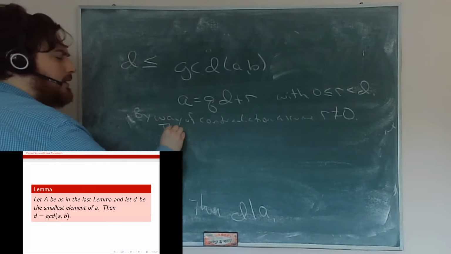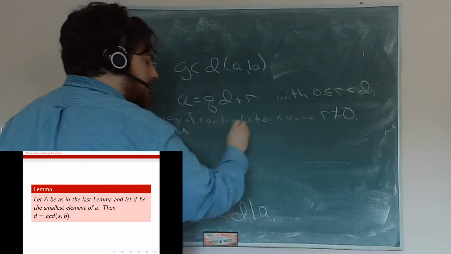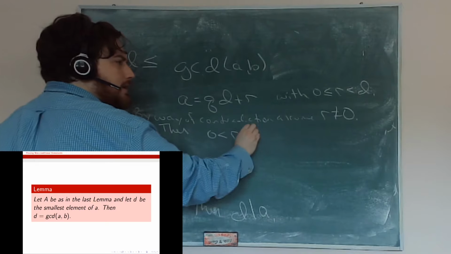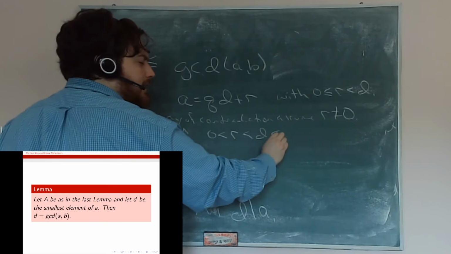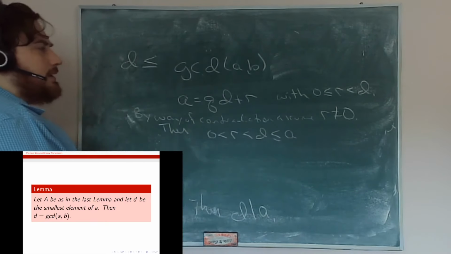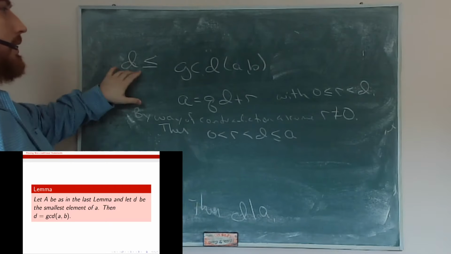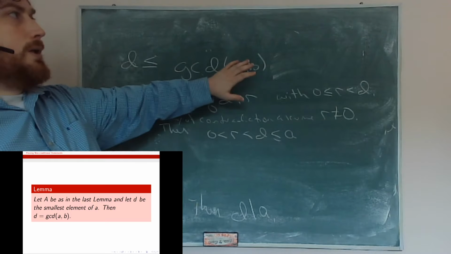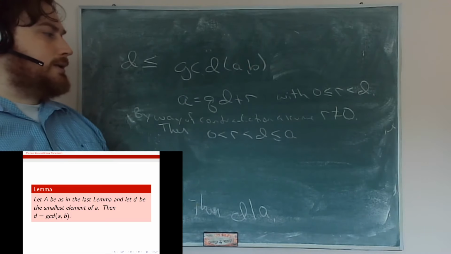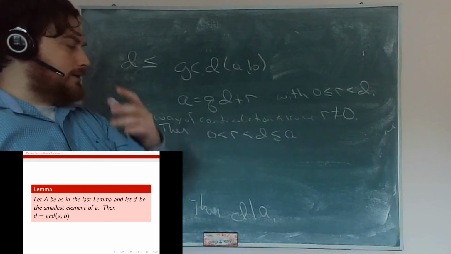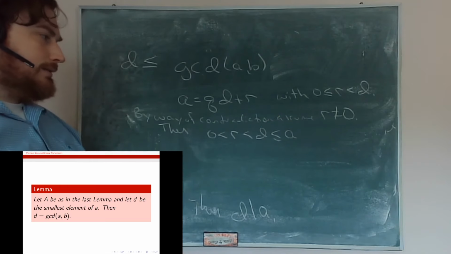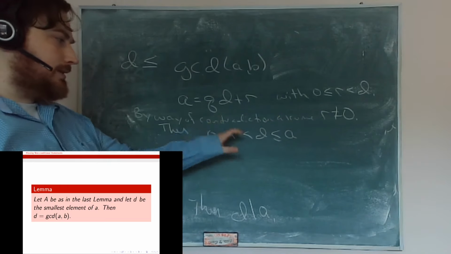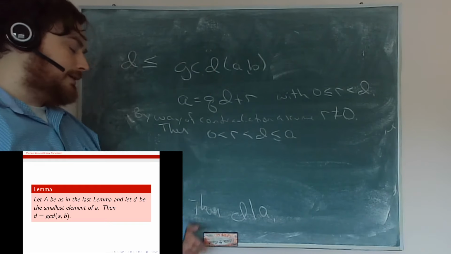Then we know that since R is not 0, 0 is less than R, is less than D, is less than or equal to A, because we already know that D was in the set where it was defined as being less than or equal to A. So everything in A is less than or equal to A. So 0 is less than R is less than A.